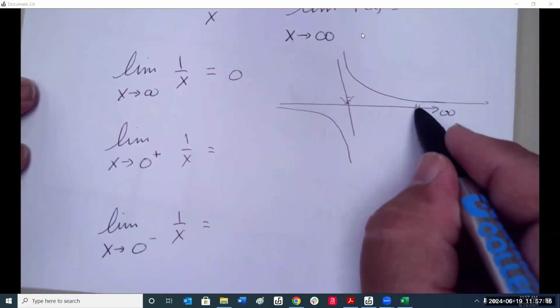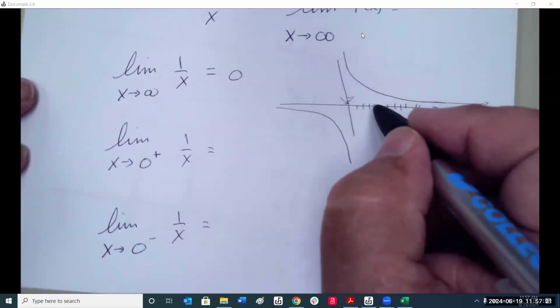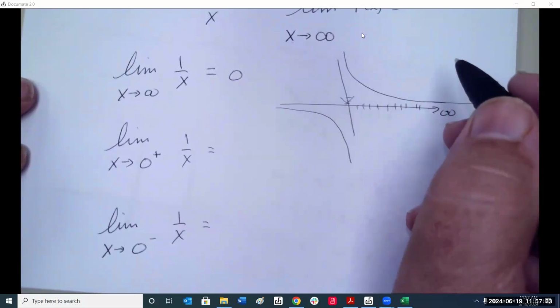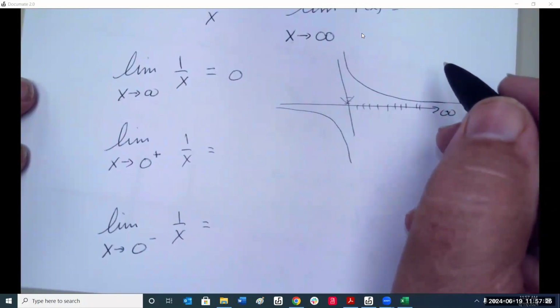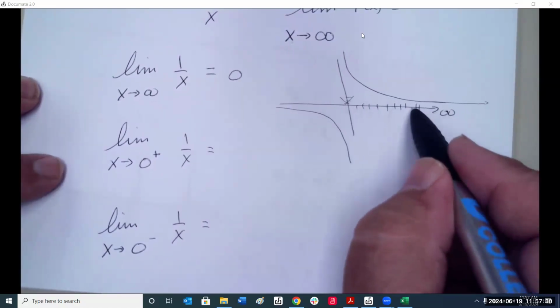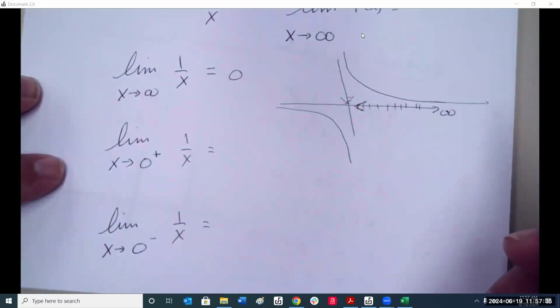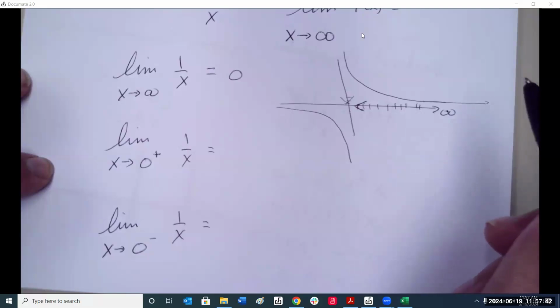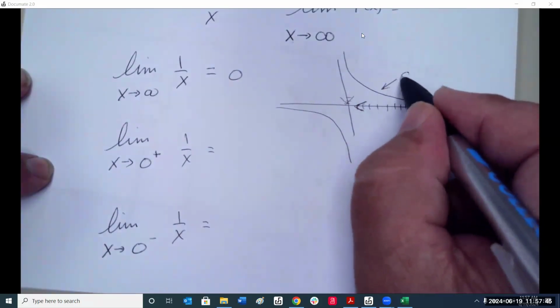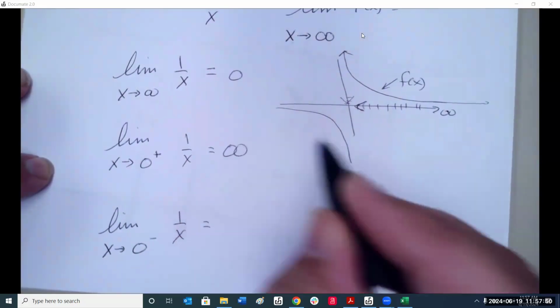As x approaches 0 from the right, where is the limit of the function going? Here's the function. It's going to infinity. It keeps on going forever. It goes to positive infinity.